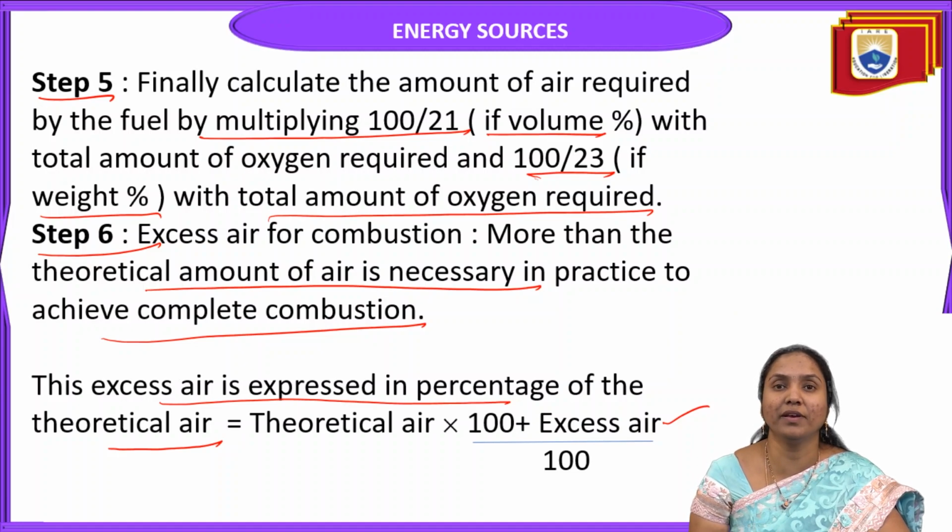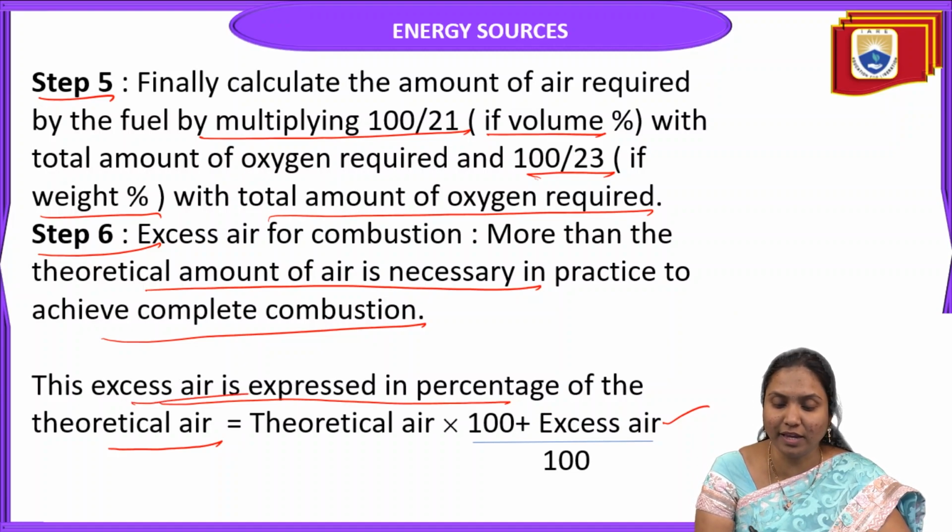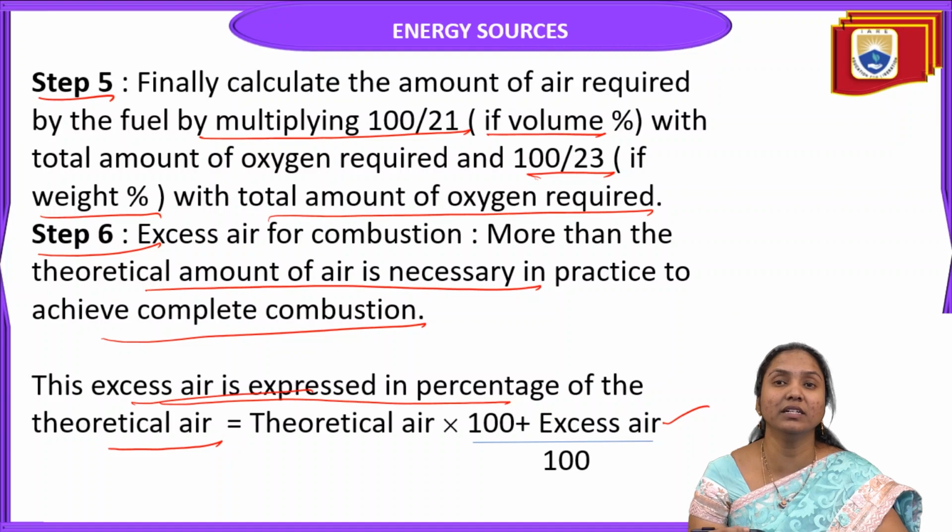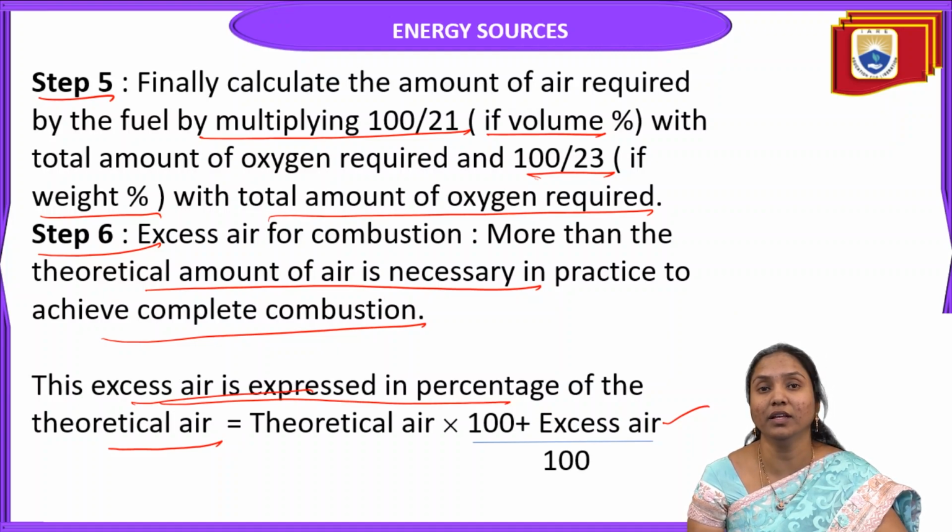The final step is that excess air is expressed in percentage of theoretical air. How can we calculate this? It equals theoretical air into 100 plus excess air by 100. By using this formula, we can calculate the percentage of theoretical air.